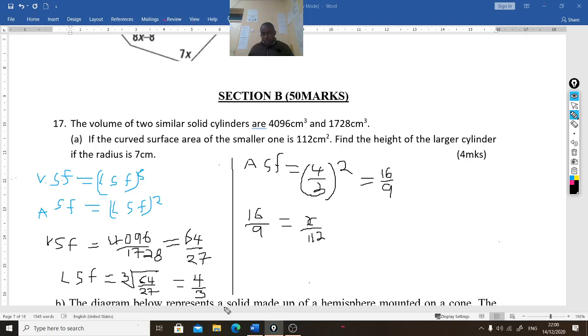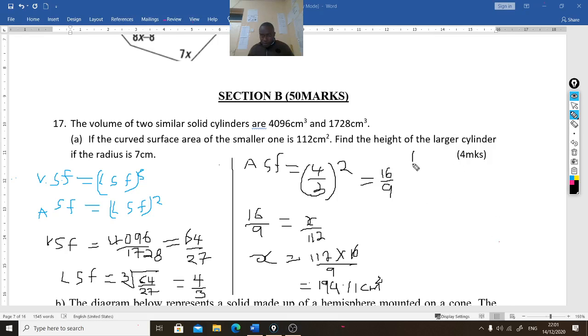If you cross multiply, x will be equal to 112 times 16, divided by 9. 112 times 16 gives you 1792, divided by 9, so that gives you 199.11 centimeters square.